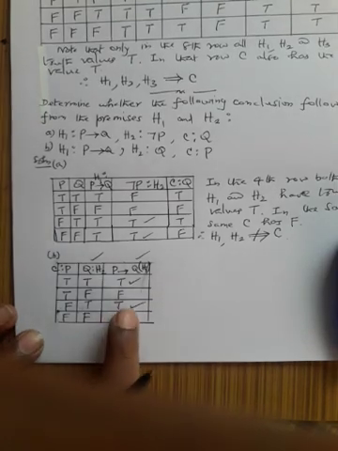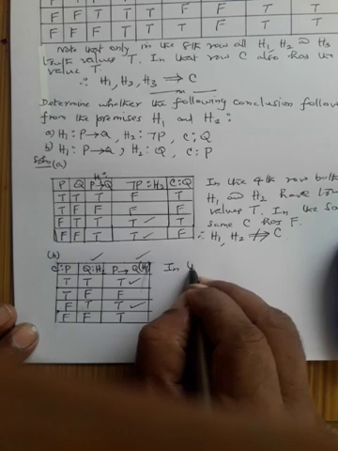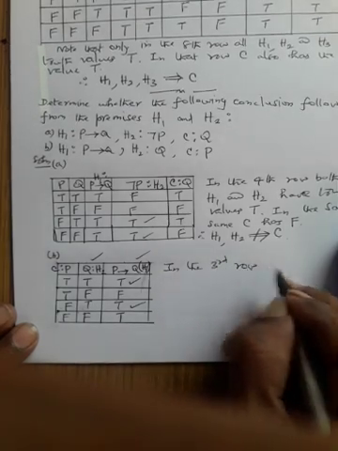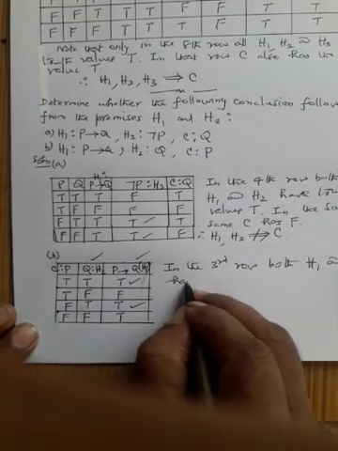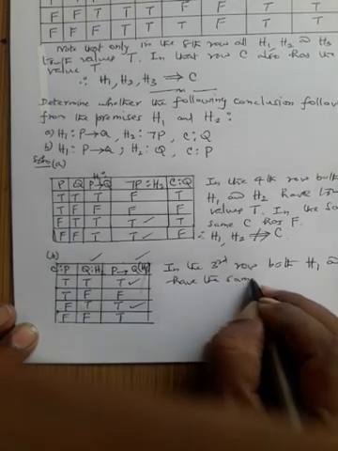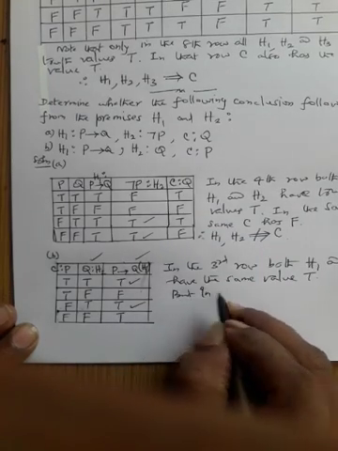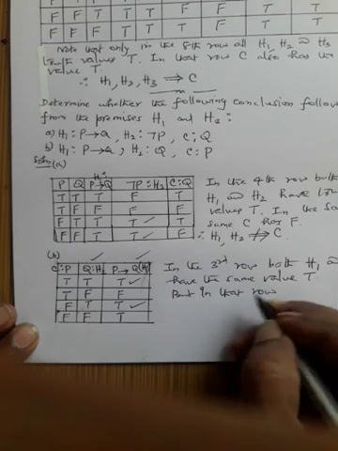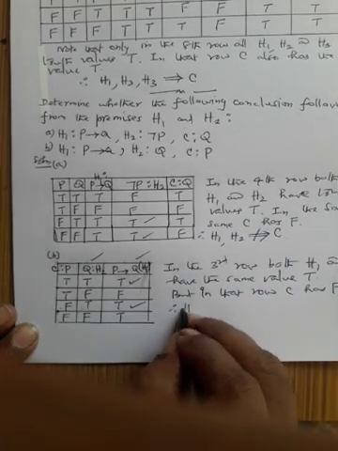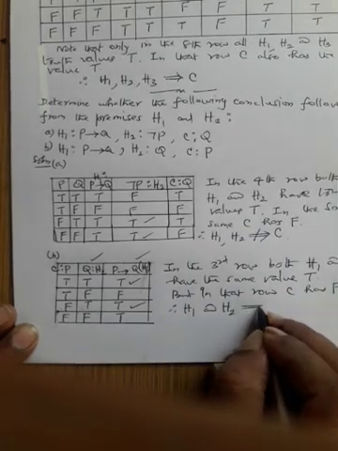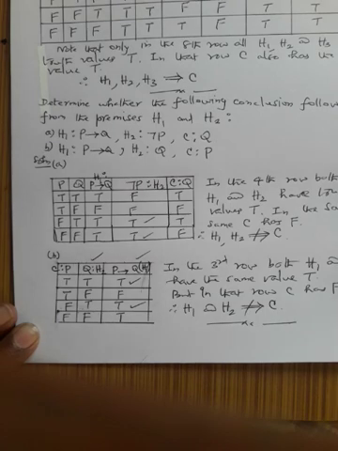But in the third row, you can see they have truth values T, but C has the truth value F. In the third row, both H1 and H2 have the same truth value T, but in that row C has truth value F. Therefore H1 and H2 do not imply the conclusion. This completes video 52.